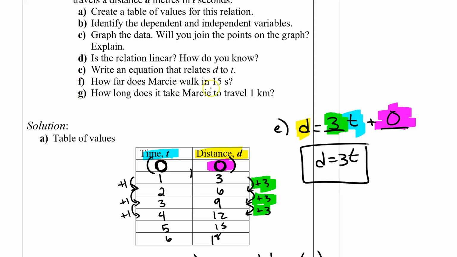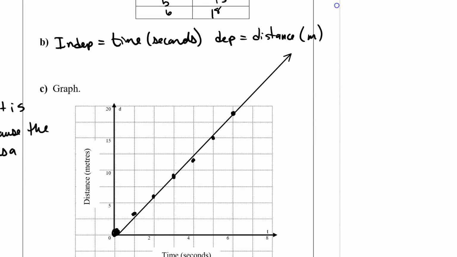Now the next two questions have us manipulating the equation that we have been given. So how far does Marcy walk in 15 seconds? So F, when time equals 15 seconds, what does D equal? Well, first things first, let's write out our equation.